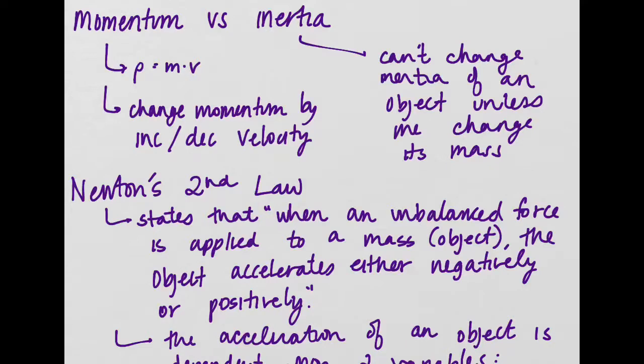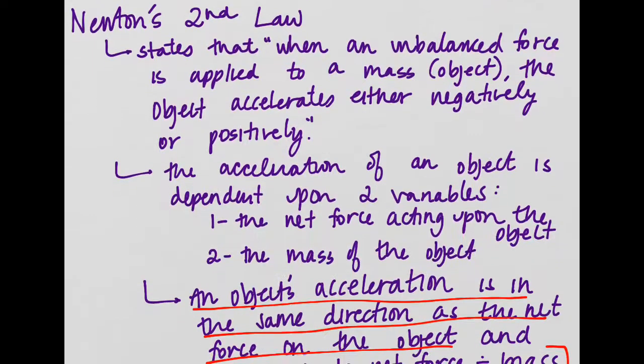So like my inertia can't change unless I increased my mass or decreased my mass, right? Whereas my momentum could change. All I'd have to do to change my momentum is to walk faster or walk slower, run faster or run slower, right? Okay, so that's Newton's first law.